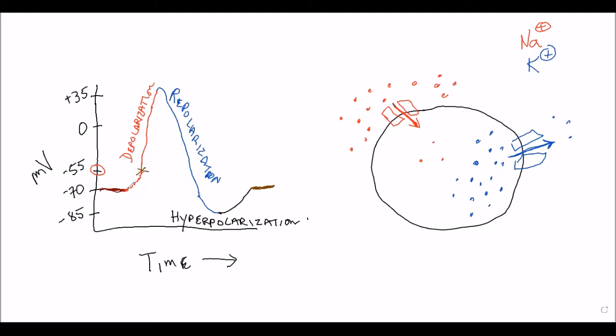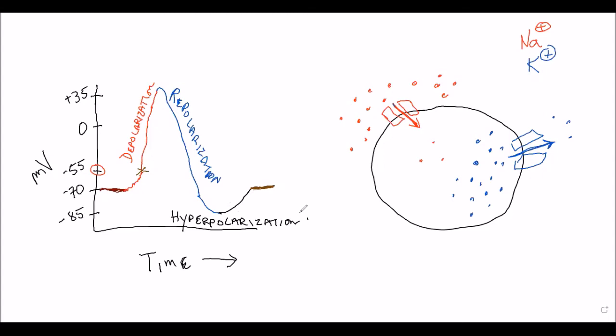If it goes to only negative 60, then you didn't start an action potential. It'll never reach negative 55. You won't have this whole thing happening. It has to reach negative 55, and you will have a full action potential. That doesn't go halfway. It will go all the way. It's either you have one or you don't.